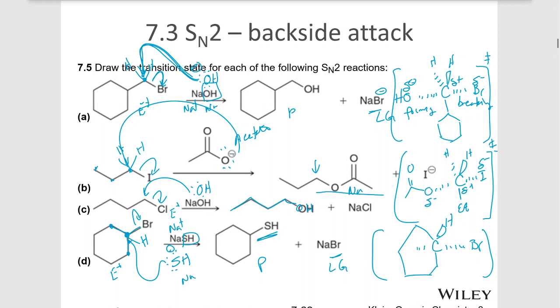Then we've got the nucleophile coming in with a bond forming. That's the SH minus. So we've got partial negative on that, partial negative on the bromine, and partial positive on the carbon bearing the leaving group. This should actually be a dash.